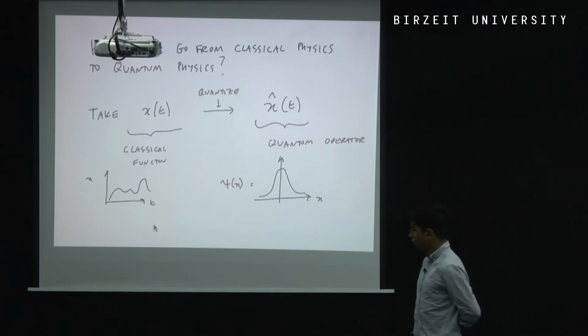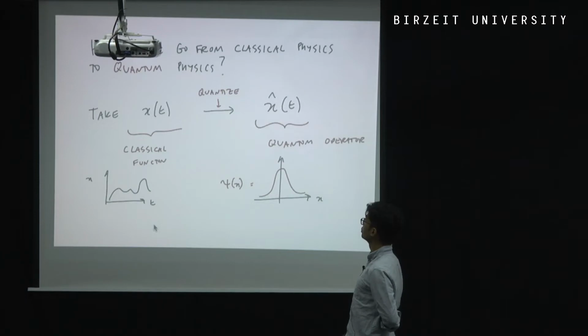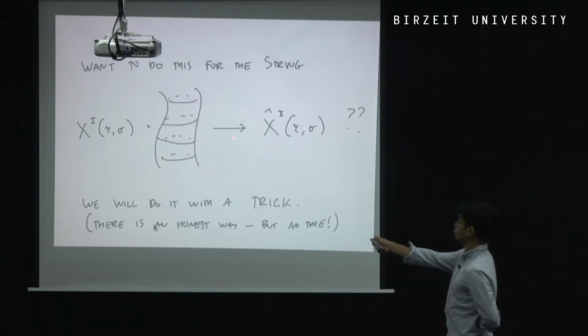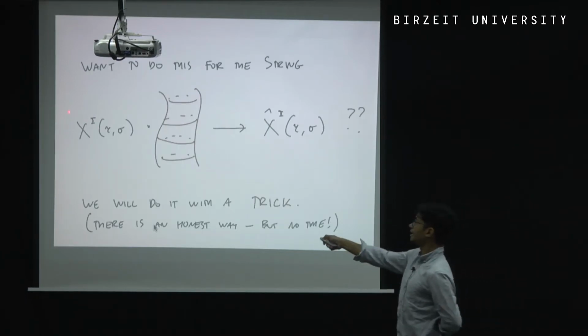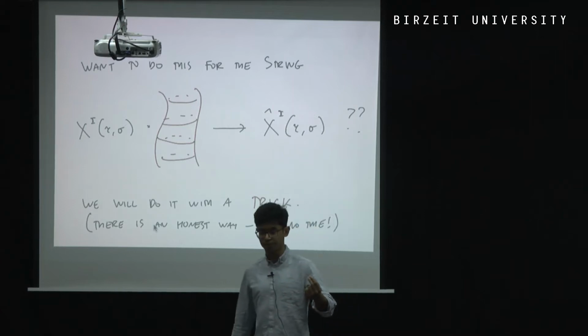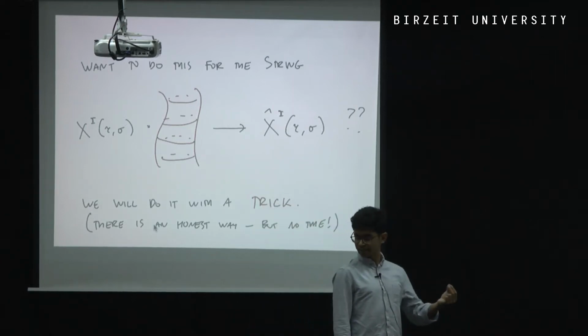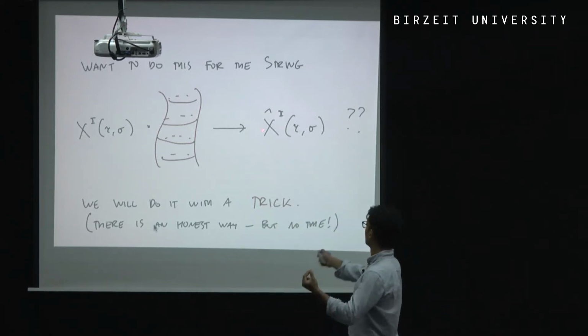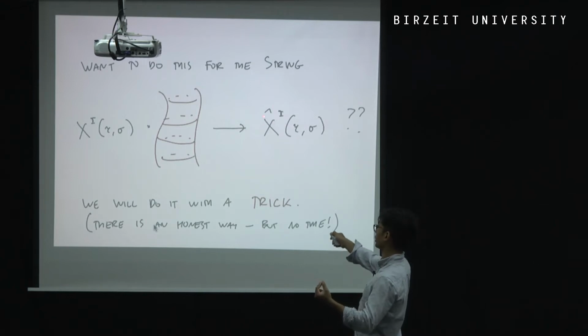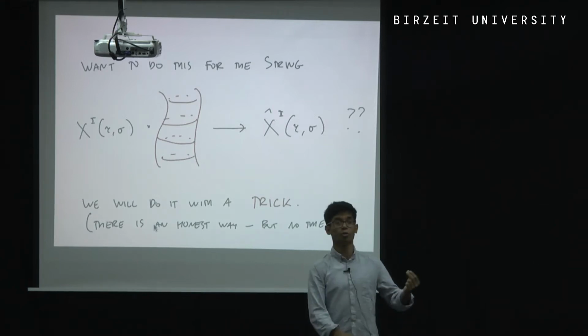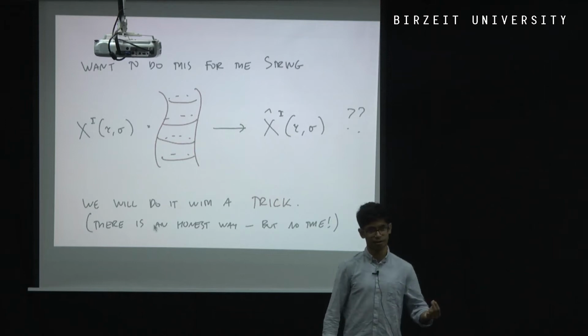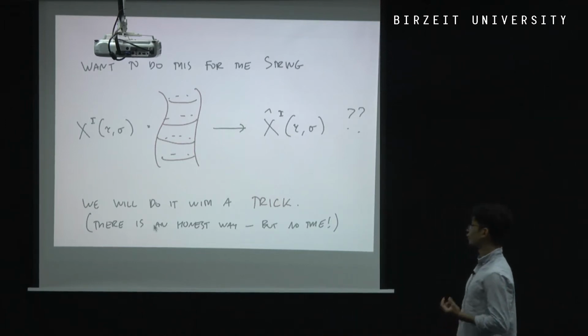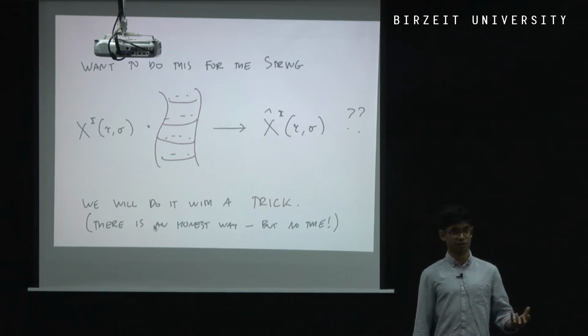All right? So this is the thing that we want to do, except we want to do this for the string. We had this classical string profile. We want to take this classical string profile and quantize it. Okay? So you want to make it an operator with a hat on it. Now there is a correct, honest way to do this. All right?